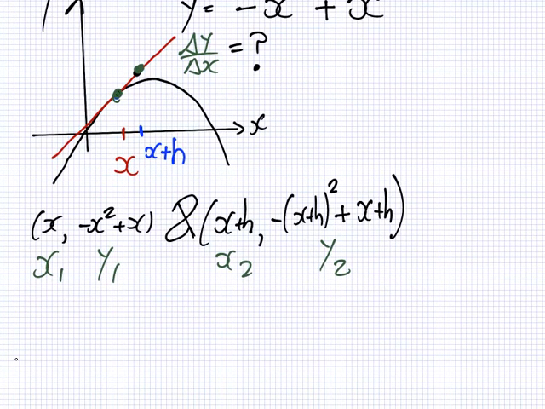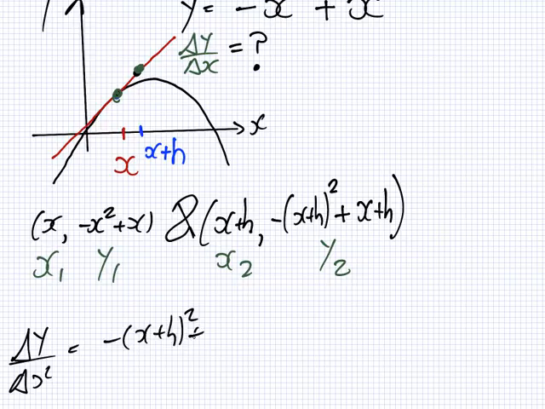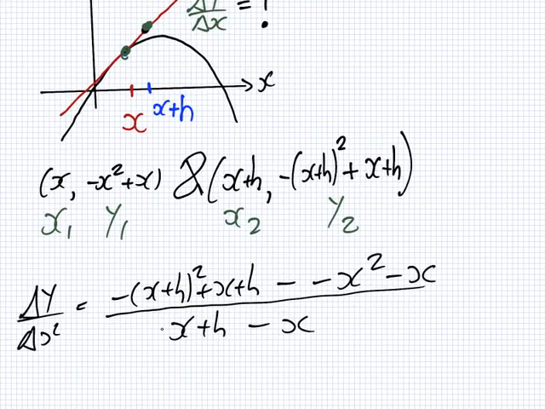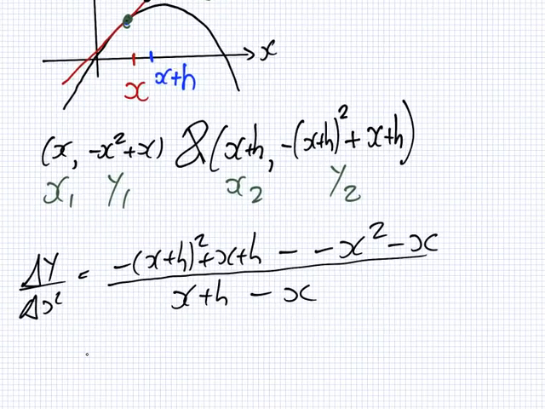Right. So the slope is y2 minus y1, so that's minus x plus h squared plus x plus h, minus minus x squared plus x, over x2 minus x1. So on the top, minus will make plus, yeah.